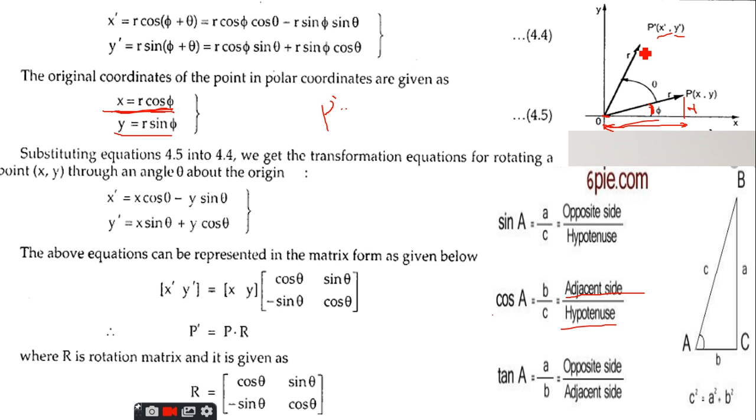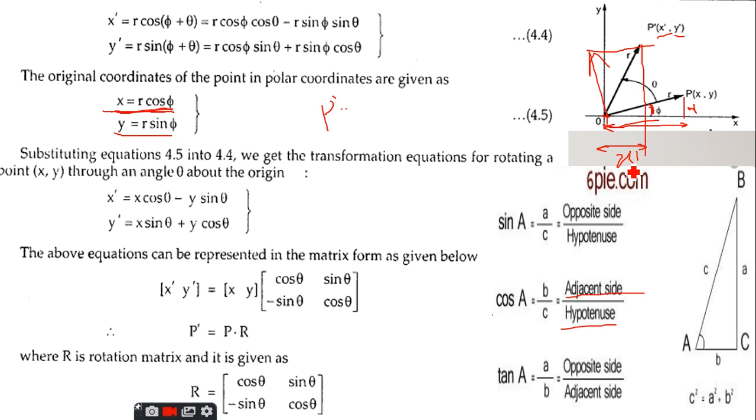Now I am going to consider this as x and this as y, this becomes x dash, and now this becomes y dash, and x dash and y dash we have to find out.